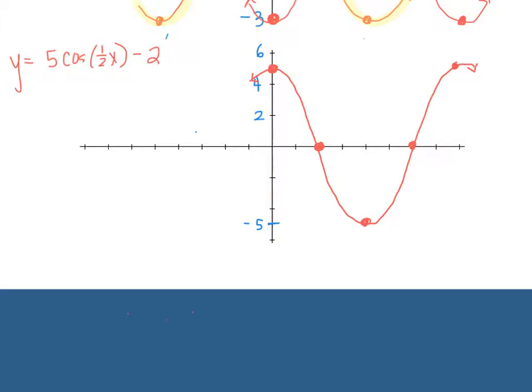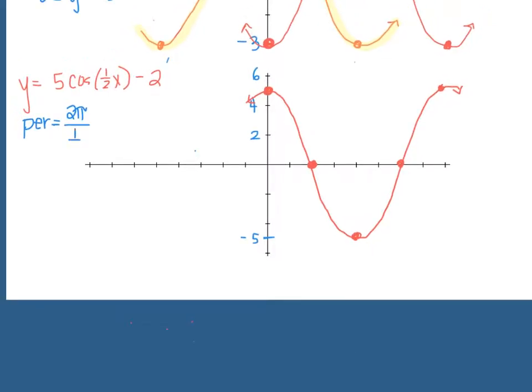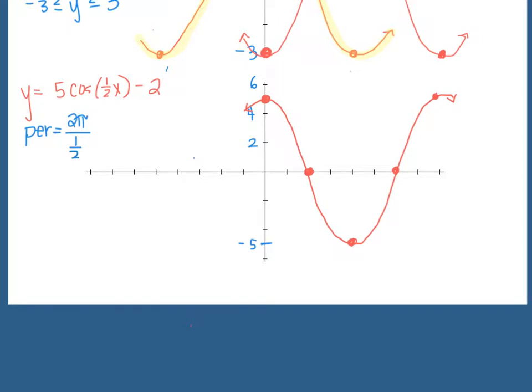Now I need to label the x scale using the period. So period should be 2 pi divided by half, which is the number that's right in front of x. So 2 pi divided by half works out to be 4 pi.